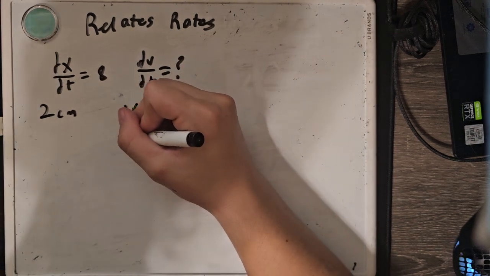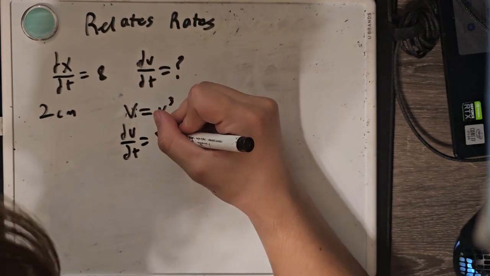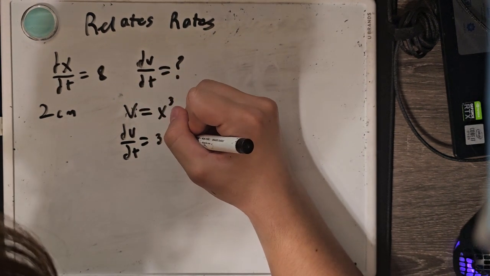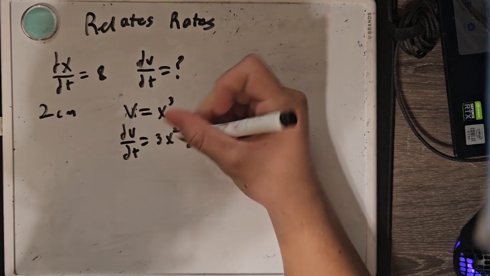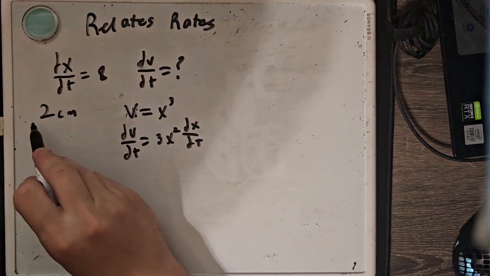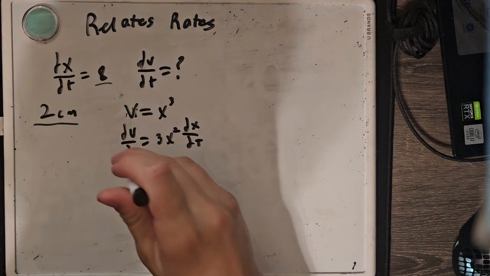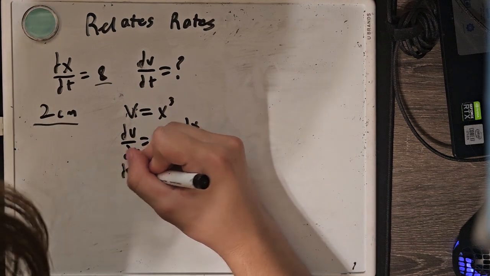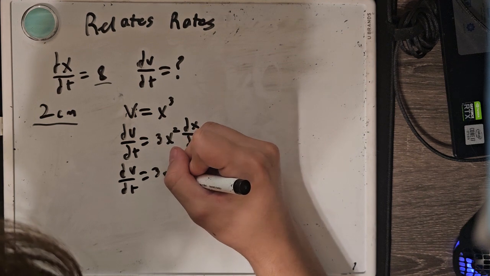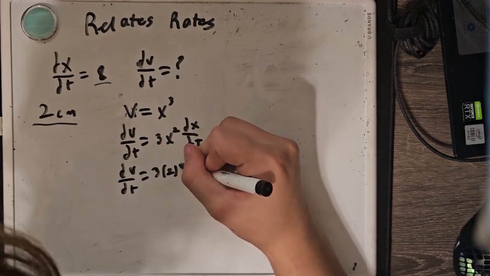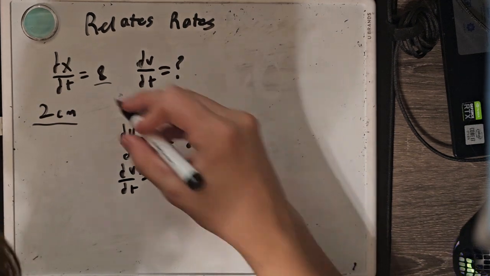Now we find the derivative, so dV/dt with respect to time is equal to 3x squared dx/dt. Since we're looking for when the edge is 2 centimeters, and we know dx/dt is 8, dV/dt is going to be equal to 3 times 2 squared times 8.